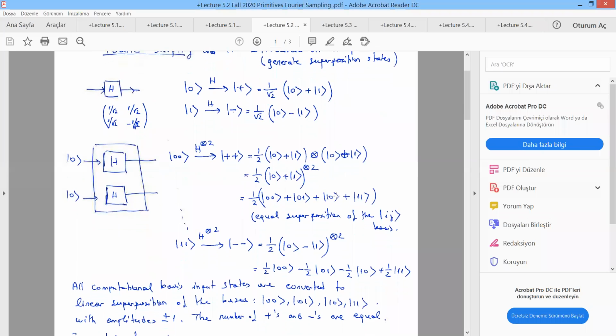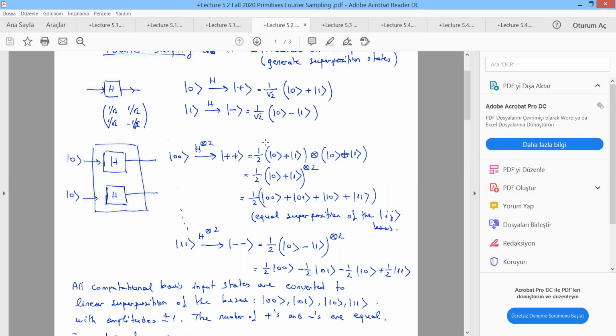And let's suppose we add another qubit now. We have a 2-qubit system. So this is Hadamard tensored twice on this 2-qubit system. This would transform a |00> state to a |++> state, because each one of these Hadamard gates would transform the corresponding qubit |0> to a |+> state.